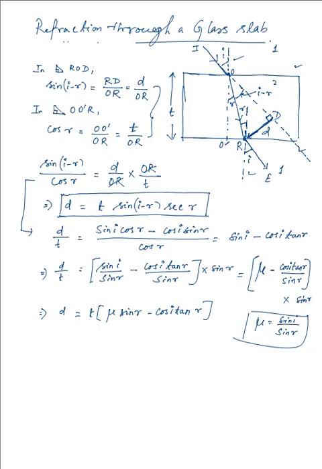In this case, again, we can also have sine i equal to mu sine r, and therefore you have cosine i equal to the square root of 1 minus mu square sine squared r, because you are squaring both these sides and subtracting them from 1 and taking them under root.